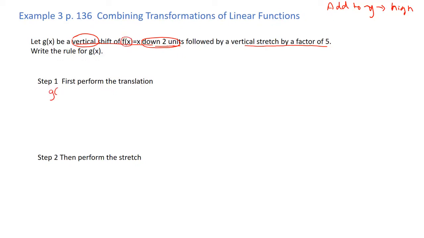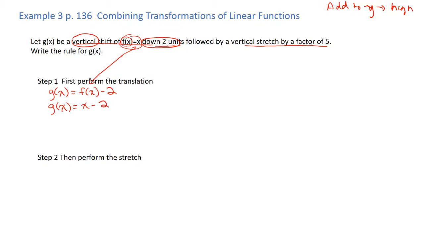So g of x is going to start out being f of x, which is our y, minus 2. And now we can just replace f of x with what it is equal to, x. So g of x is equal to x minus 2.